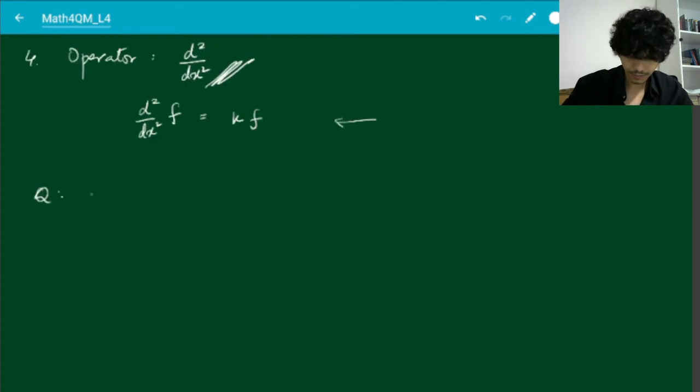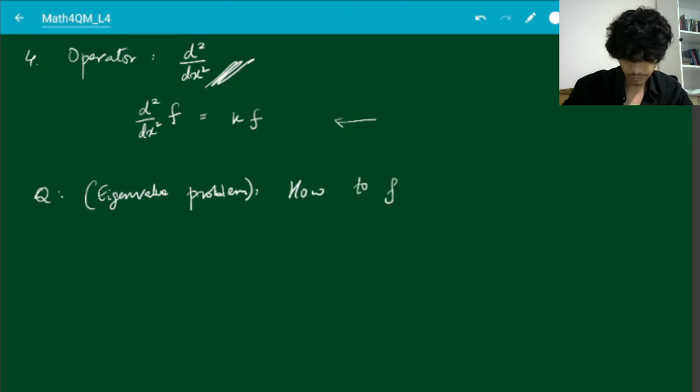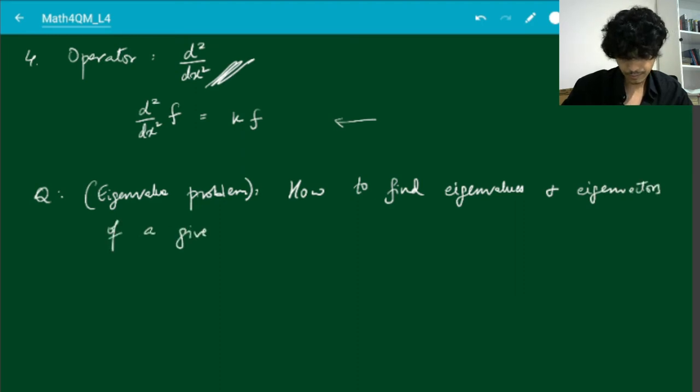This question, which is also called the eigenvalue problem, is how to find the eigenvalues and eigenvectors of a given matrix. Let's call it omega.